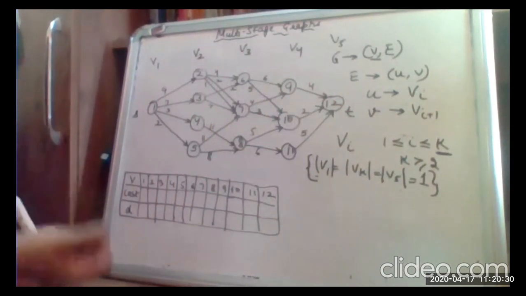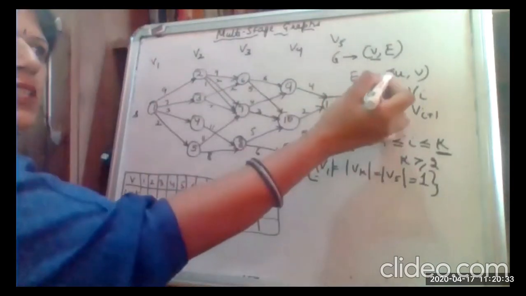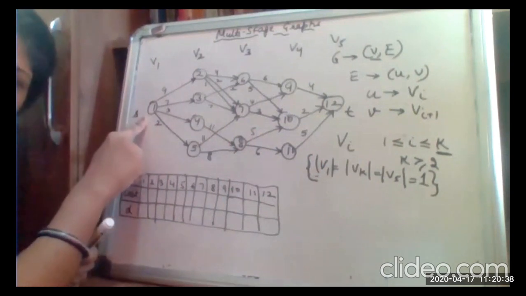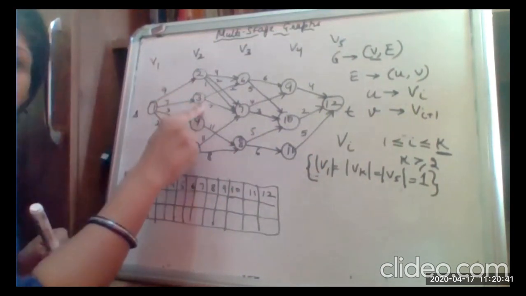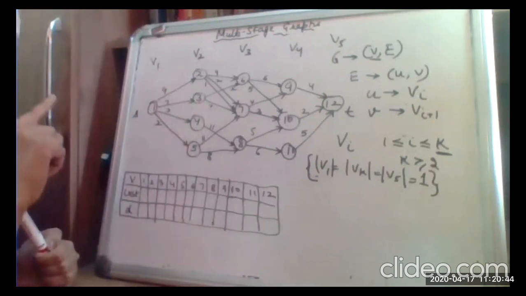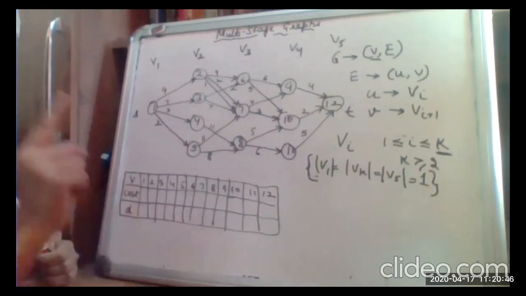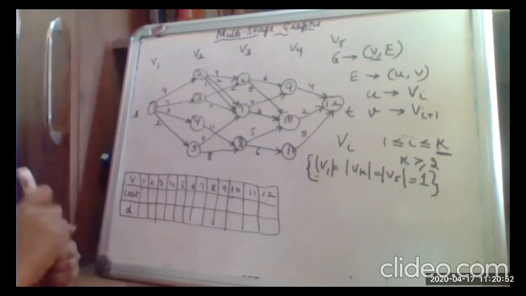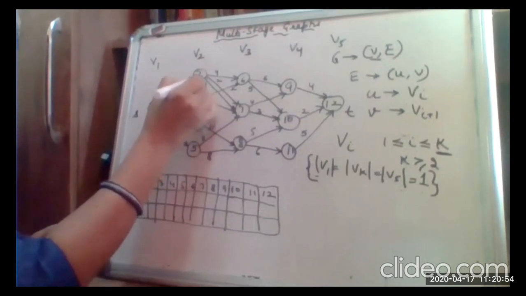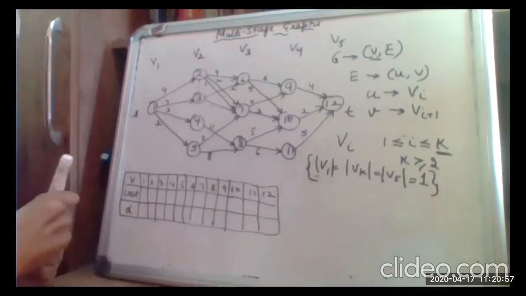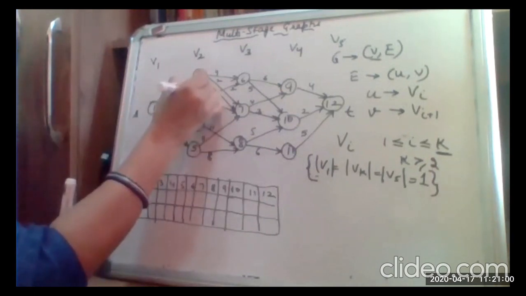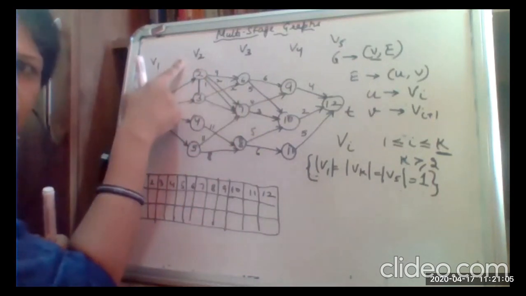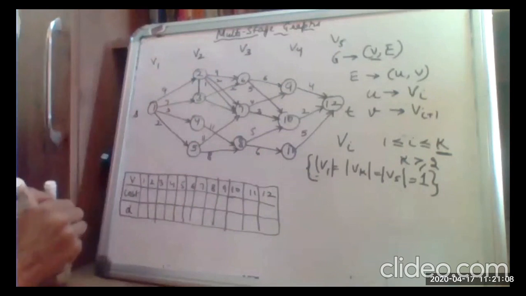Now, there is another requirement: for whatever edges you have, U and V, if U belongs to the ith set, then V should belong to i+1. There are no edges where U and V both belong to the same set. Let me put it in the other color so it becomes more clear. There is no edge like this, 2 to 3, where 2 belongs to vertex set 2 and 3 also belongs to stage 2.